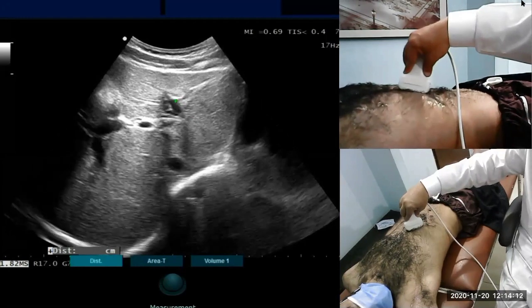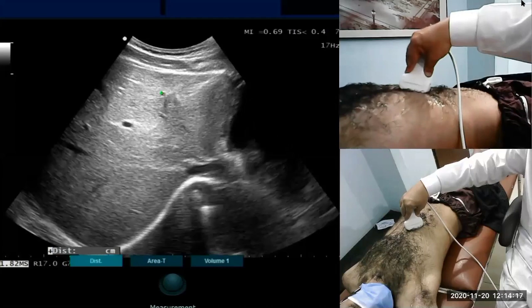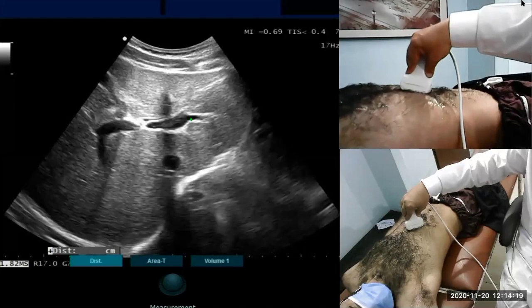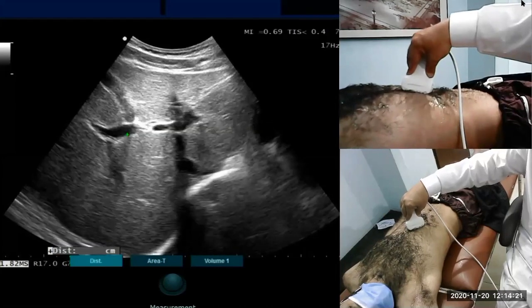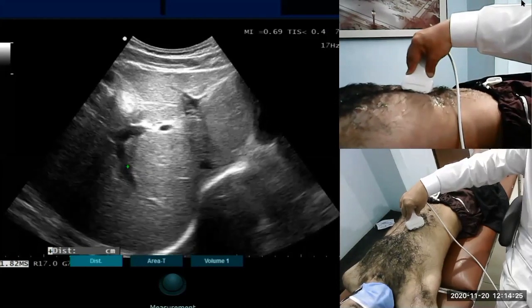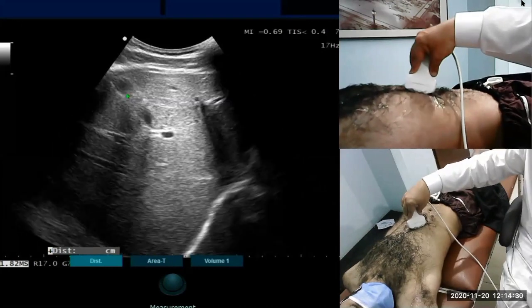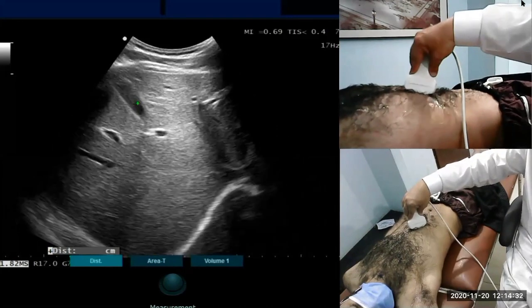There you see the neck of the deer, the horns, the front leg, the hind leg. There you see the tail and the hind leg here. And there you see that the gallbladder is riding the deer.